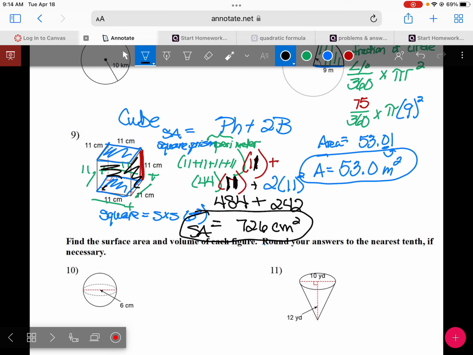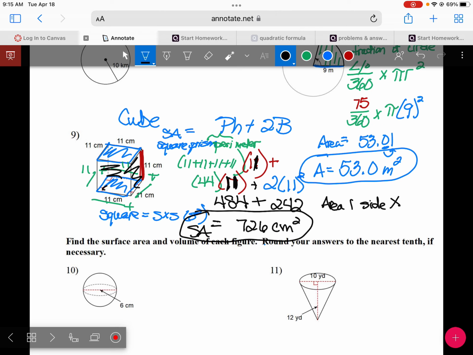I'm surprised they don't have a cube. That's a rectangular prism. Okay, so if I take the area of one side and I multiply it by how many sides there are altogether, which, think of a block, how many sides are there around the edges on the sides?